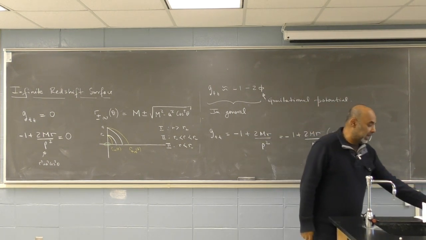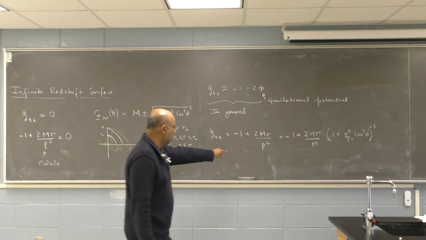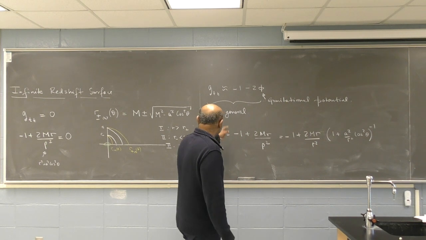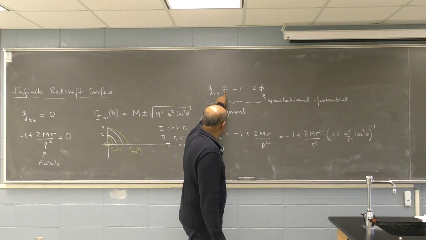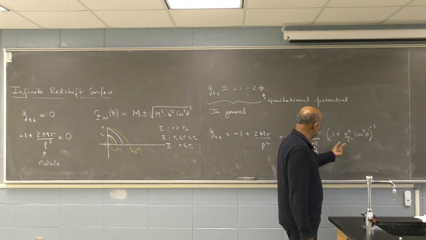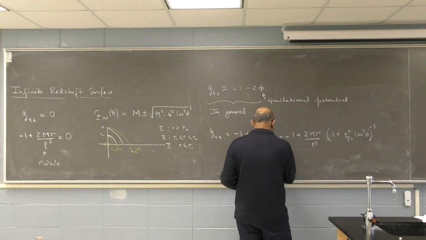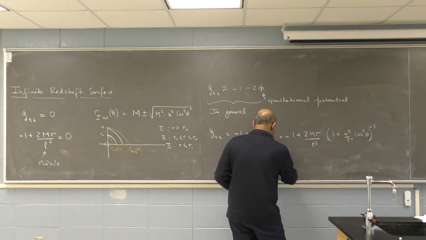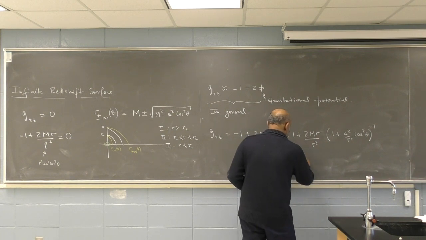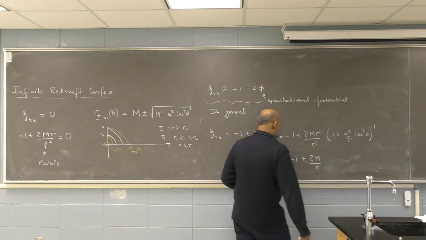That is exact; you just multiply it out. But let's approximate very far away, for large values of r. For very large values of r, this is already a 1 over r term, and this entire term can be ignored. So g_tt goes as -1 plus 2mr over r squared, or 2m over r.